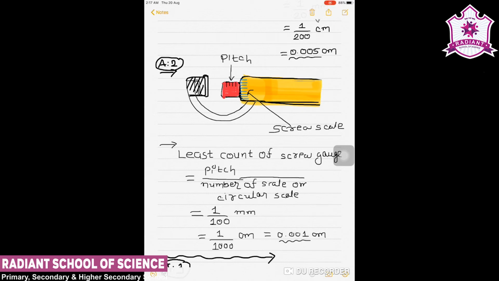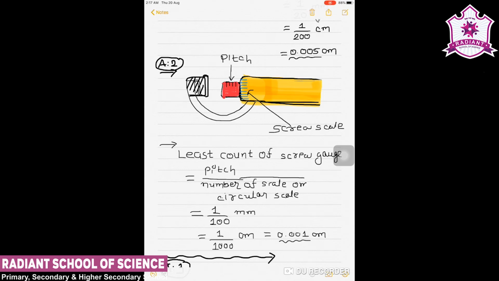Now on the right side of that, I have shown a yellow color portion. That yellow color portion is the circular scale, which is also called the screw scale.